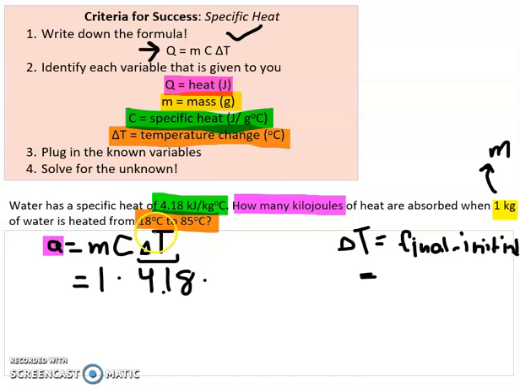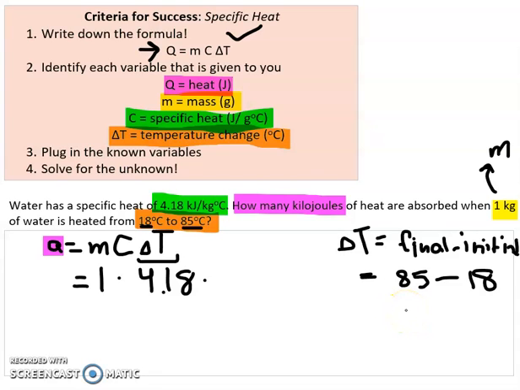So water is heated from this to this. So at the end, this was my temperature. So this is my final, 85, minus initial, I started with 18 degrees Celsius. So this is my starting, my initial. So my delta T, my change in temperature, is 85 minus 18.